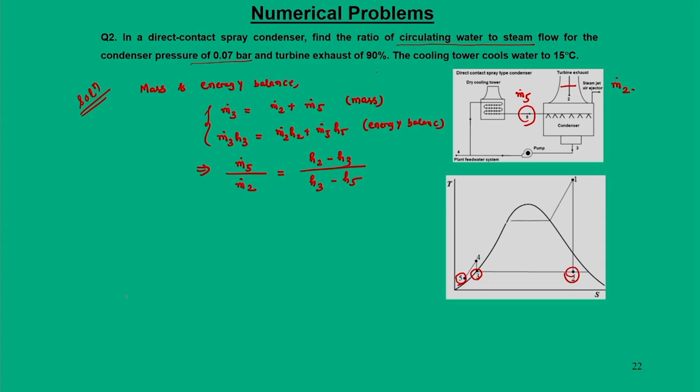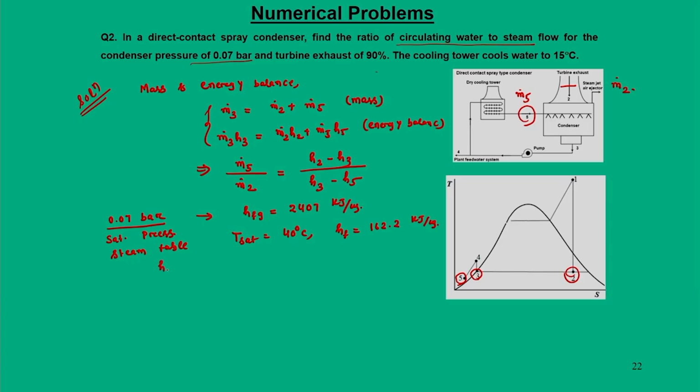Now our main job is to find this with the given data. First, the condenser operates at 0.07 bar. At 0.07 bar we can take the saturated pressure steam table, that is HFG is equal to 2407 kilojoule per kg, T saturated is equal to 40 degree centigrade, and HF at 40 degree centigrade is 162.2 kilojoule per kg.